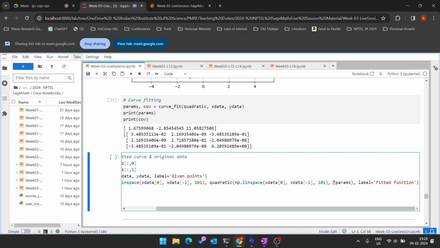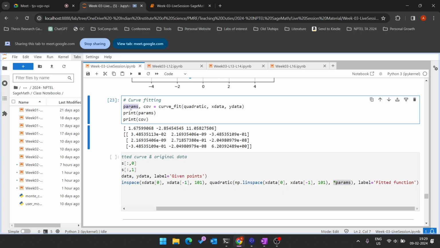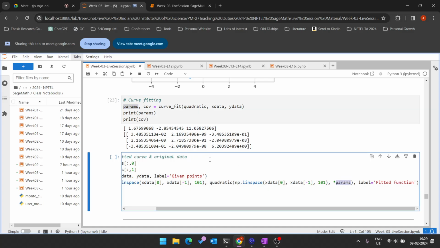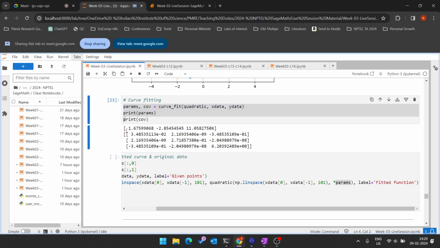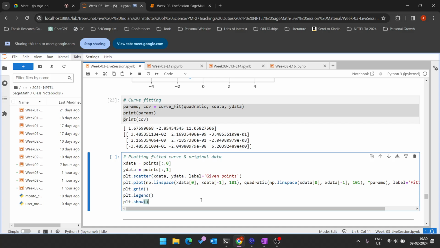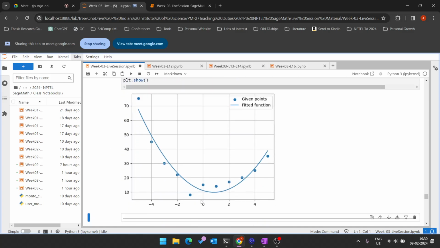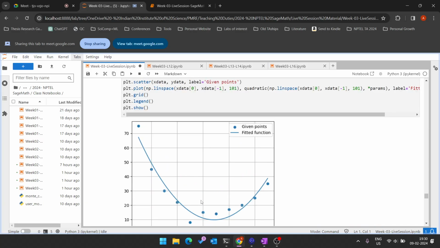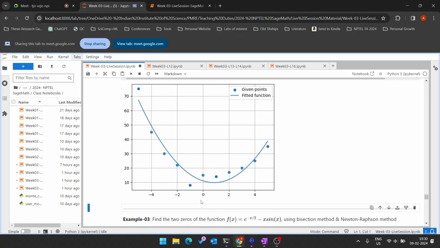If you remember from the last class where we studied star args, we are passing all our arguments together as a list. So params is already a list. We are passing this list directly, and what this tells my quadratic function is that the first thing is my X array, and then a, b, c have to be taken one after the other from the params list. So a will be 1.6, b will be -2.8, and so on. If I run this now, what do I see? I get a function which roughly fits our given points.